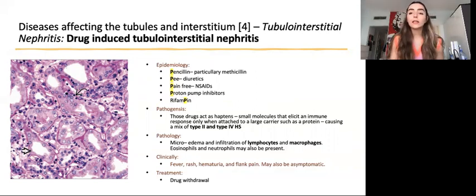The pathogenesis is that these drugs act as haptens, and what a hapten means is that these are small molecules that if they're attached to a large carrier, such as a protein, they can induce an immune response. So it's a type 2 and a type 4 hypersensitivity reaction. On microscopy, you have edema and infiltration of lymphocytes and macrophages, and eosinophils and neutrophils can also be there. Clinically, fever, rash, hematuria, flank pain, but it can also be asymptomatic. And treatment is to remove the drug that's causing this.